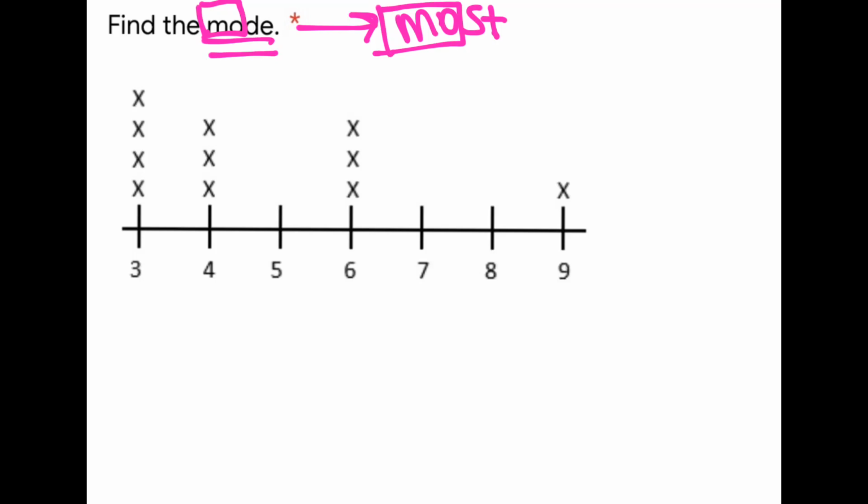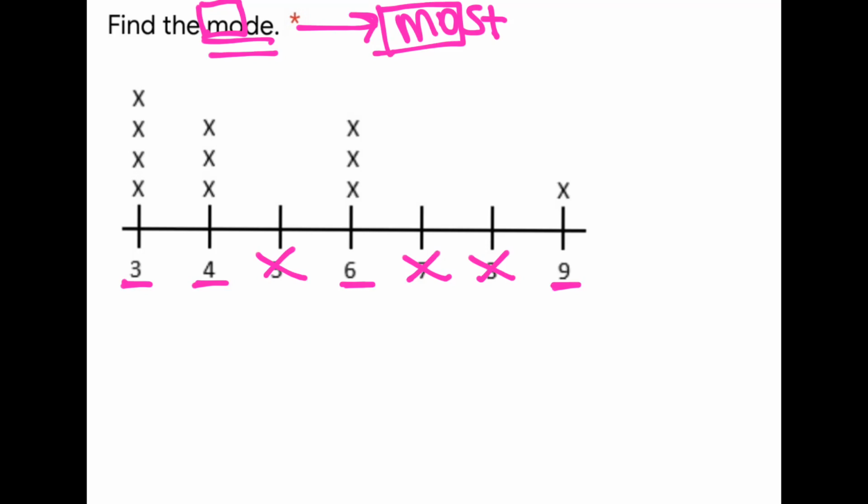Now we can only use the ones that have X's on them. That means these are the ones that are plotted. This one doesn't count, 7 doesn't count, and 8 doesn't count because we did not have any data for those numbers. The only numbers we have data for are 3, 3, 3, 3, 4, 4, 4, 6, 6, 6, and 9.